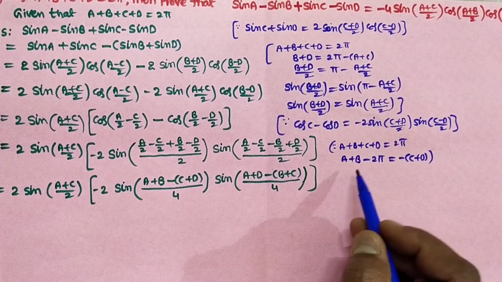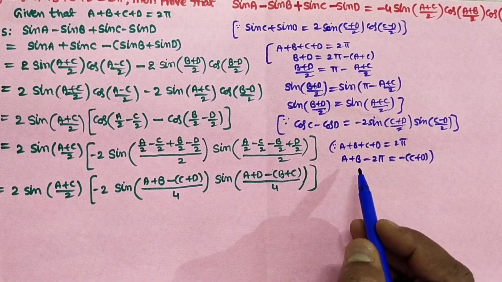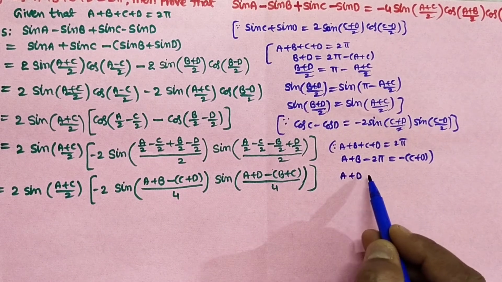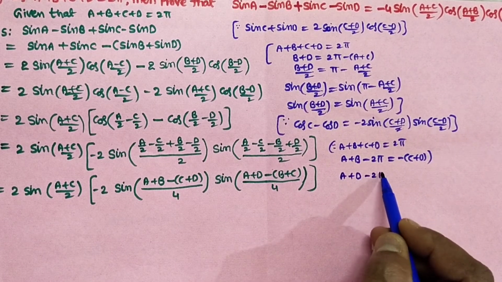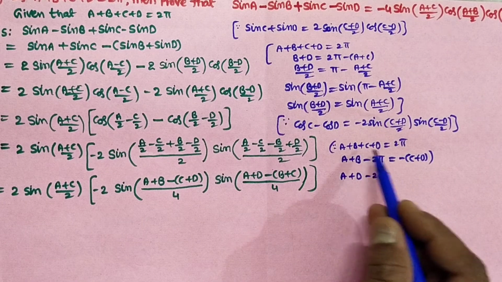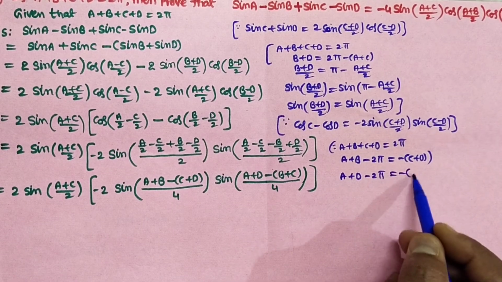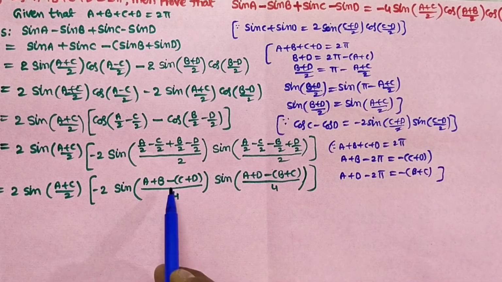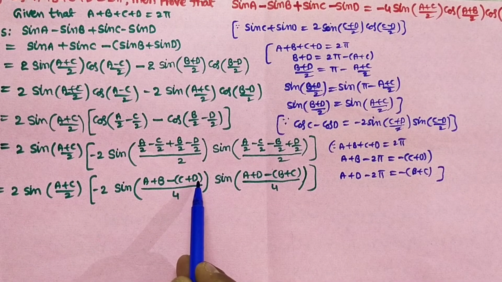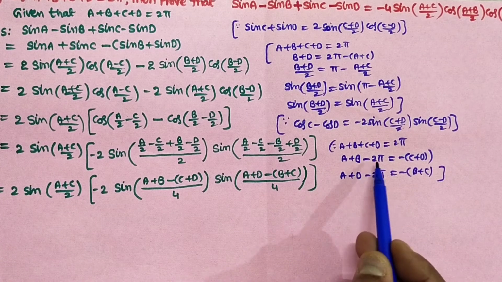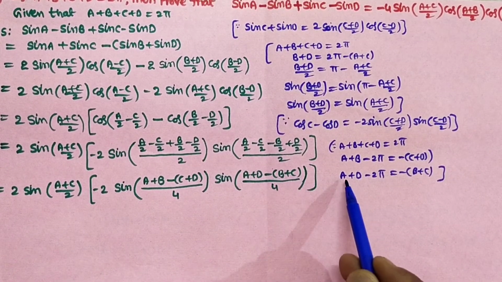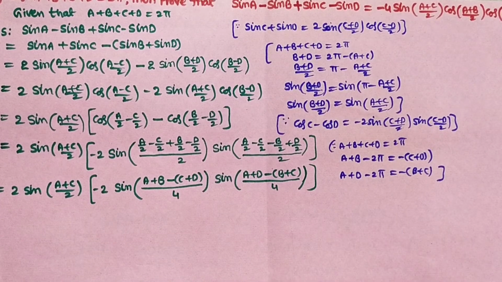So b plus c also here, a plus d is minus 2 pi. The 2 pi we are taking here, and b plus c we are taking here, minus of b plus c. So in place of minus of c plus d, we can write it as a plus b minus 2 pi. In place of minus of b plus c, you have to write a plus d minus 2 pi.